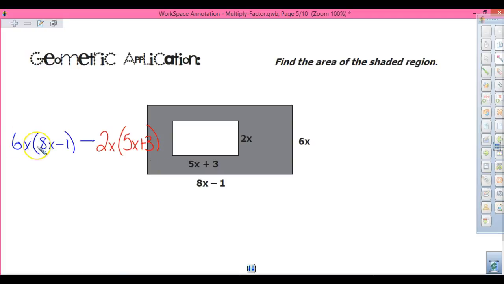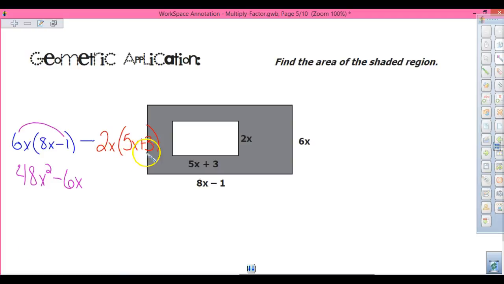So now I've got to do my distributing. 6x times 8x gives me 48x squared minus 6x.